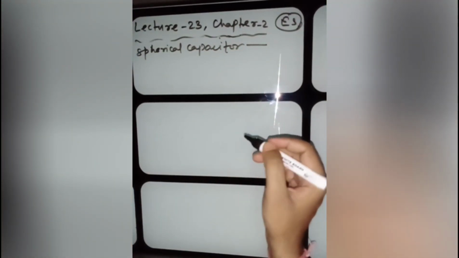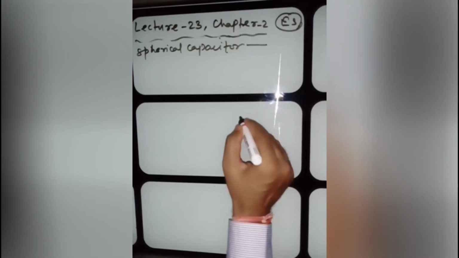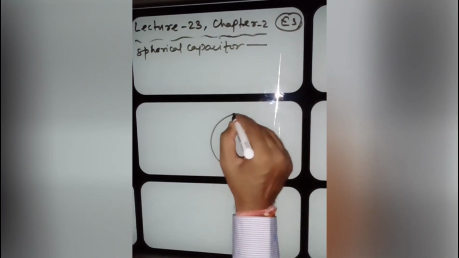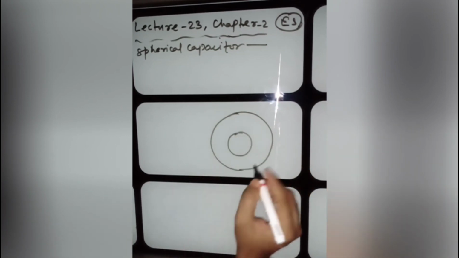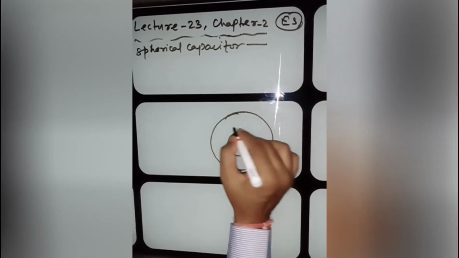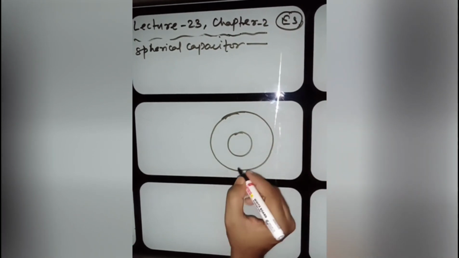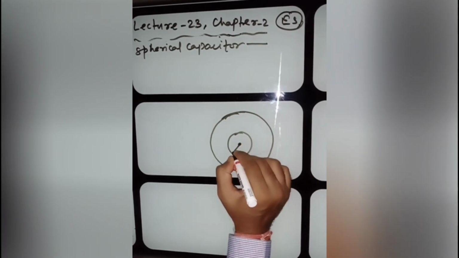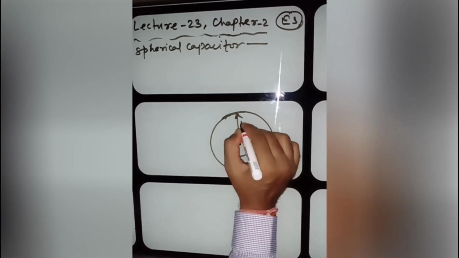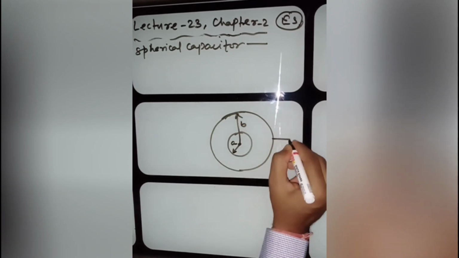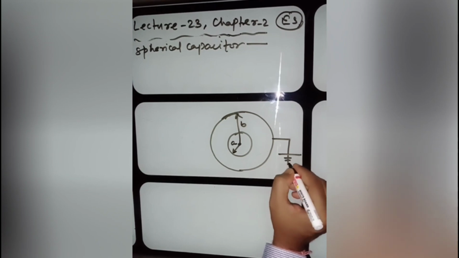Okay, so this one is the spherical capacitor. The two concentric spheres, that is the shells, metallic, the radius A and the radius B. The outer shell is being earthed.